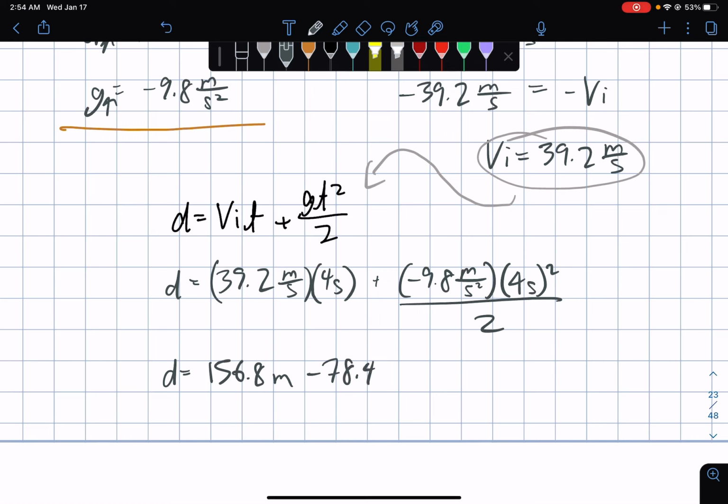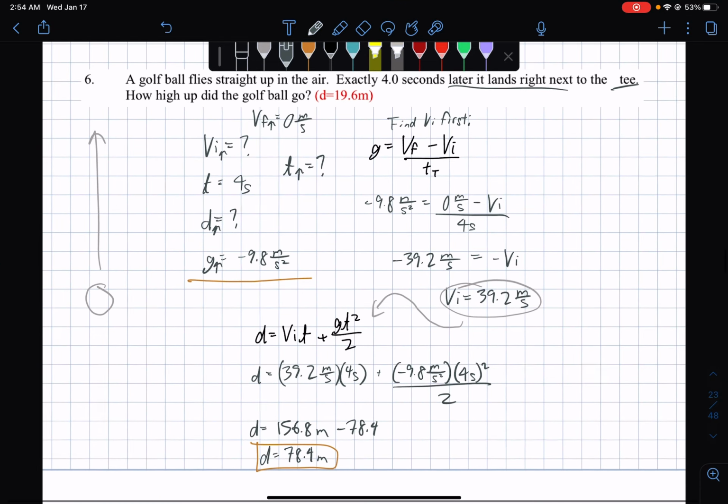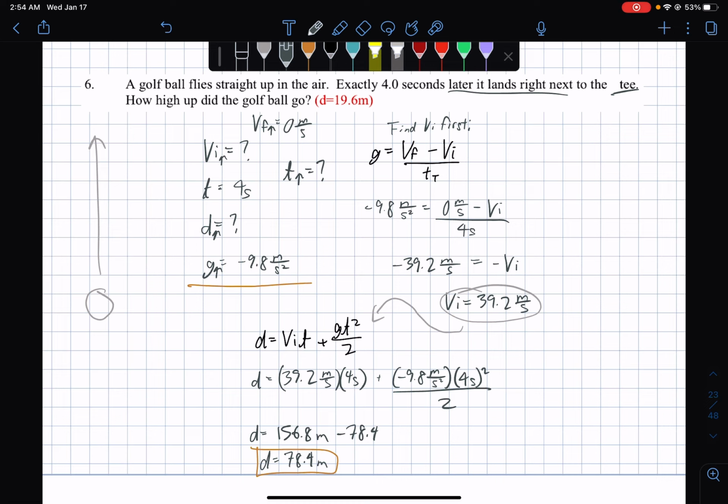156.8 minus 78.4 is equal to, well, I'll be damned. It's 78.4. Oh yeah, it makes sense. I'll be damned. That's not the answer. Where did I go wrong? Maybe this is not the distance yet.